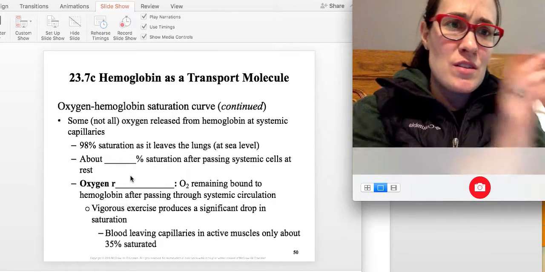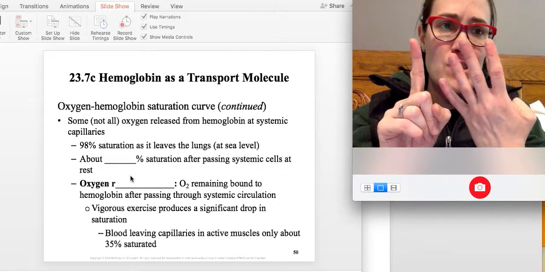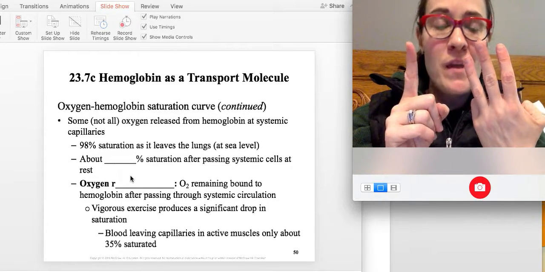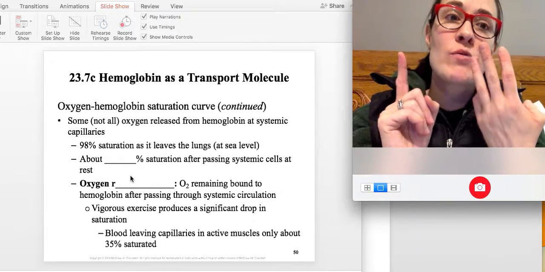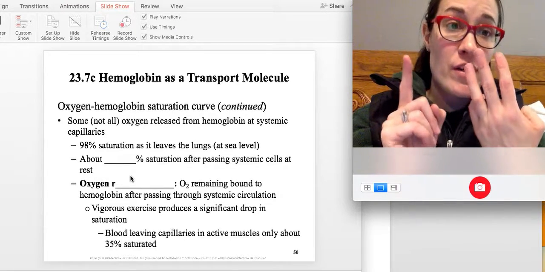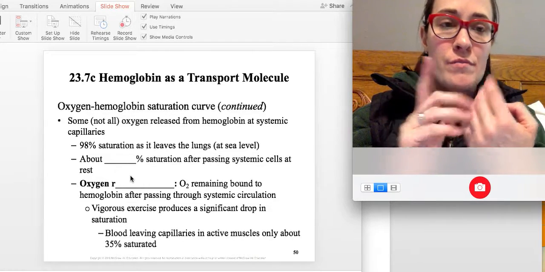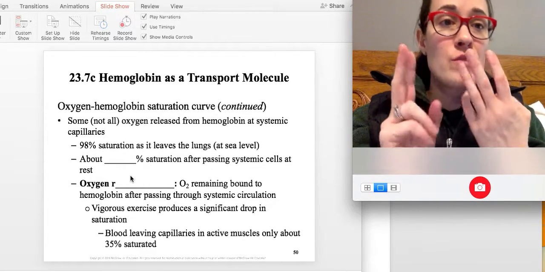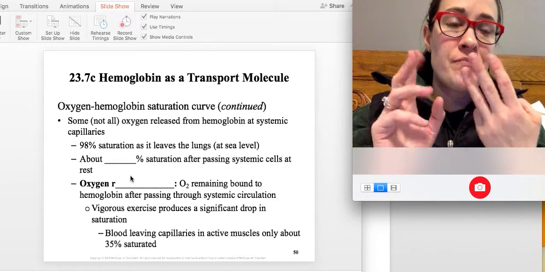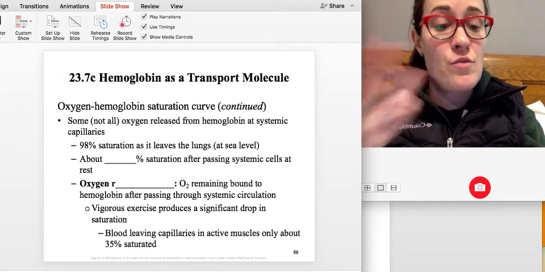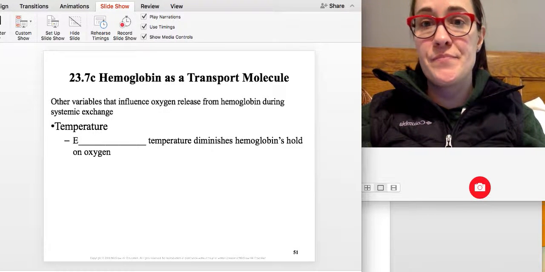Remember, one hemoglobin has 4 oxygens, so it only loses one of those oxygens, really. Unless your body is really working hard, like during vigorous exercise, and then it drops 1 or 2 more. That reserve, that extra 3 oxygens per hemoglobin, is called the oxygen reserve and is used in times that you really need it.